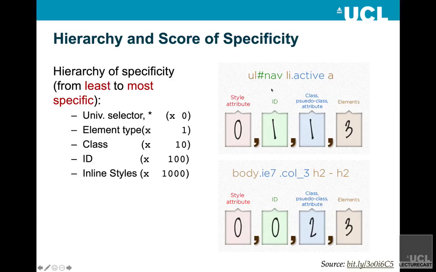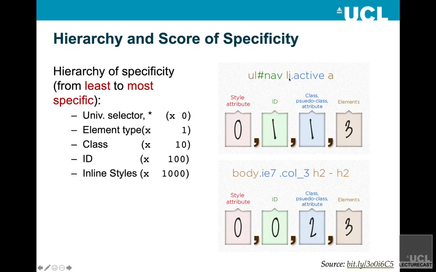Even for a complex selector that we can see on the screen, which is ul #nav li.active a, calculating the specificity is fairly easy. Now, we know that a corresponds to an element selector. It selects our anchor. li refers to an element selector, and ul refers to an element selector.